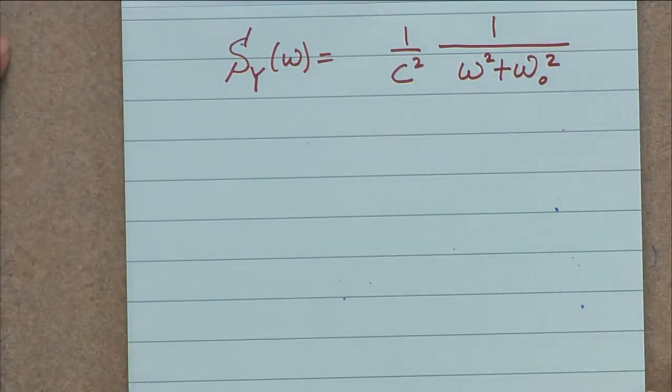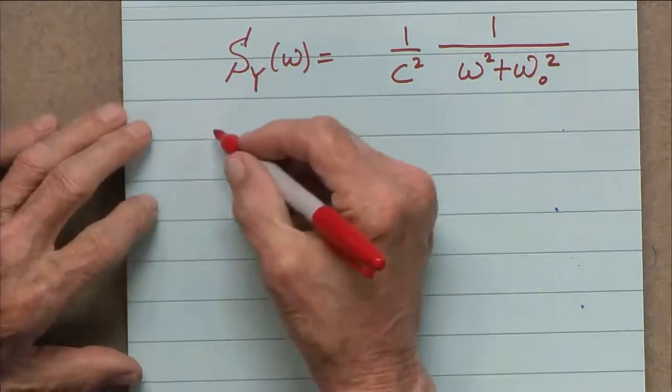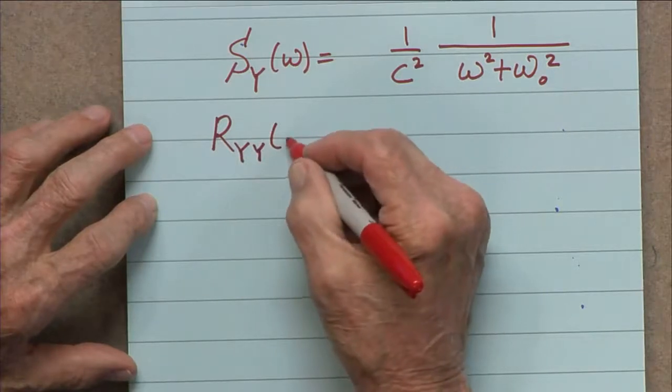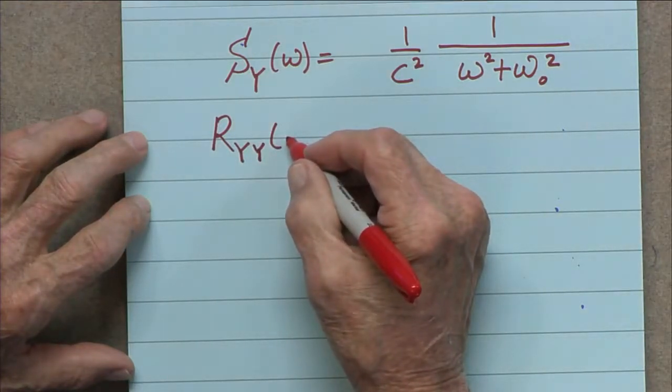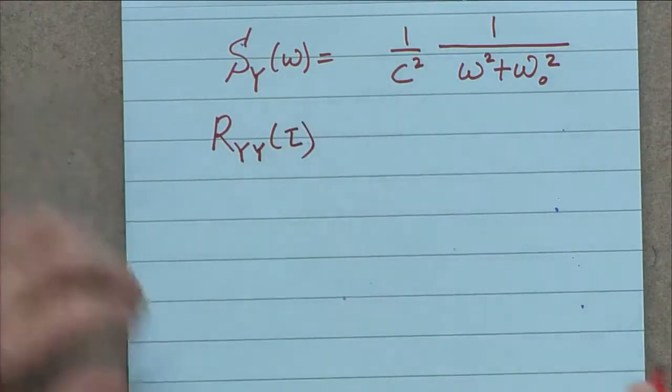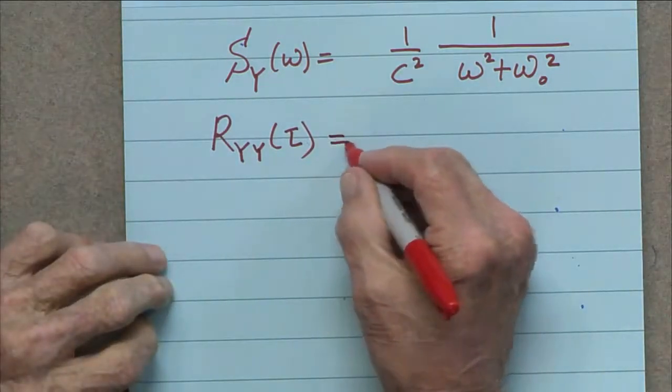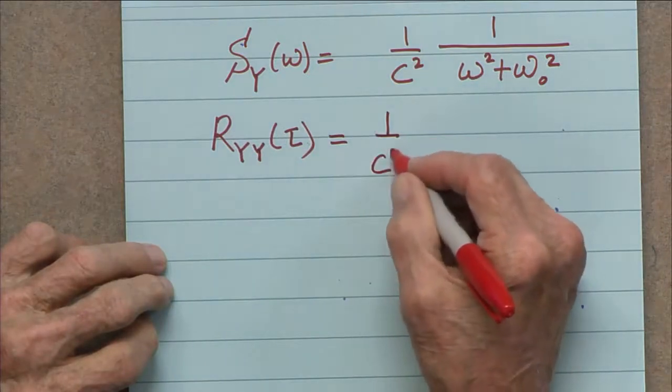Can we calculate the autocorrelation for y? We can. Ry of tau is 1 over C squared.